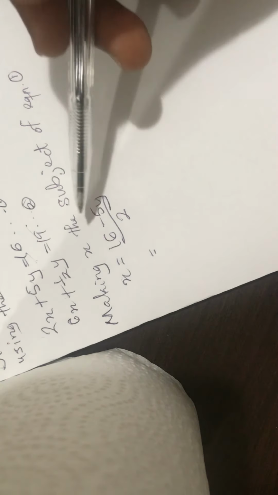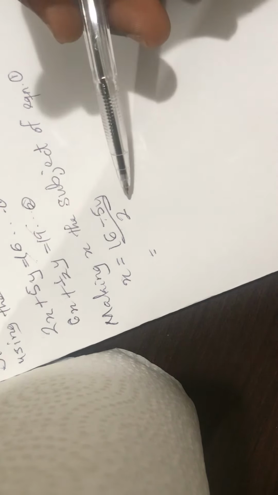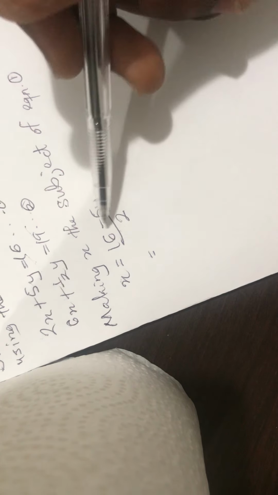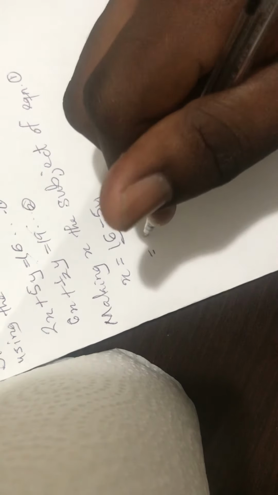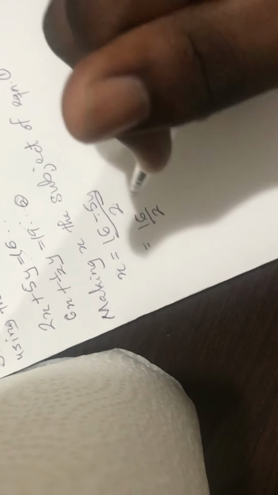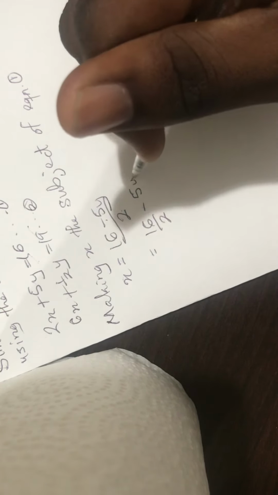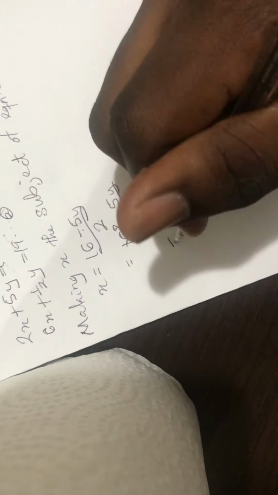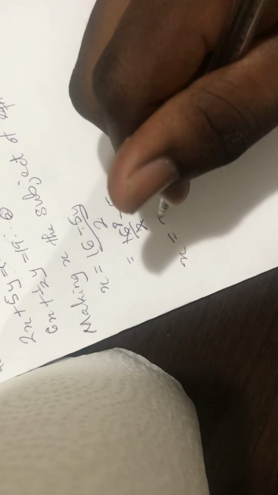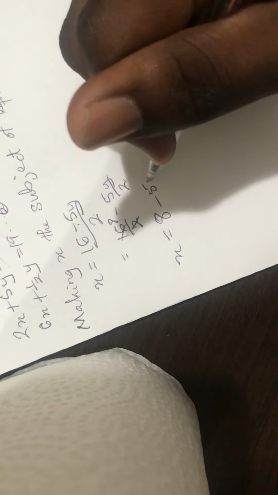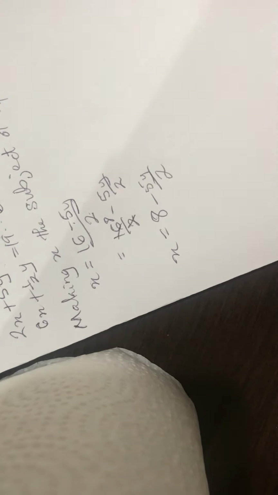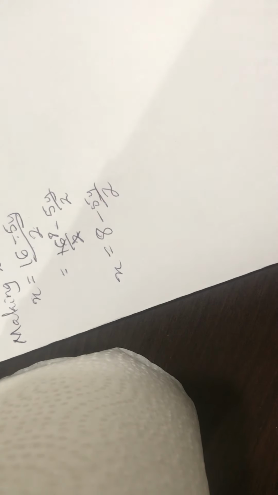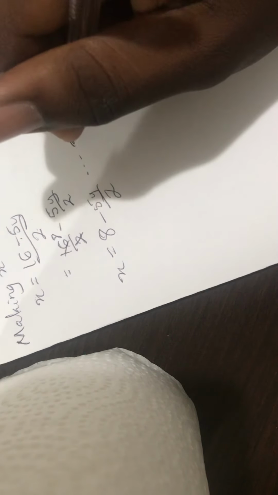Since it is subtraction, we don't just cancel. If it was multiplication, you can just cancel the 2 and the 16. But this one it is subtraction. So you put each of them under the denominator before we can now simplify. So now we can simplify this and get 8. So we now have x equal to 8 minus 5y on 2. Okay, so now let's label this as equation 3.